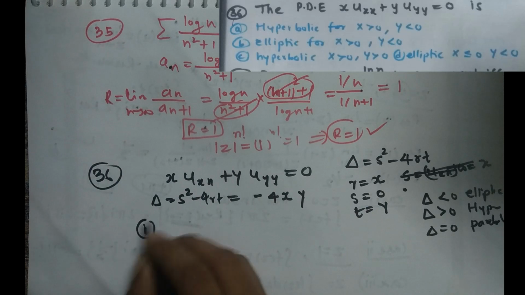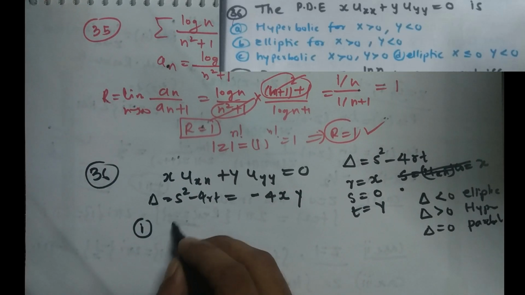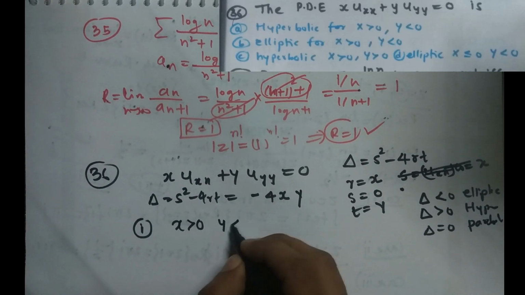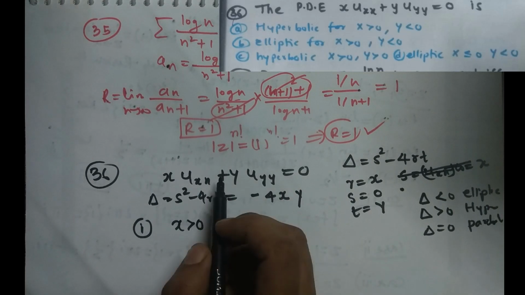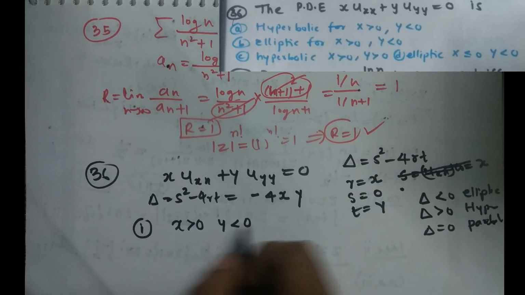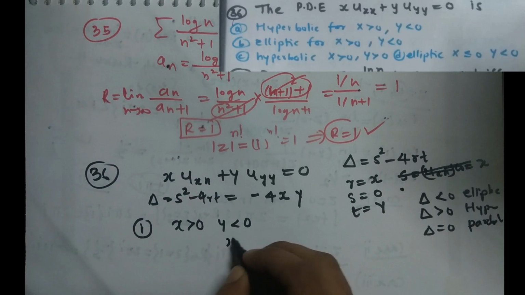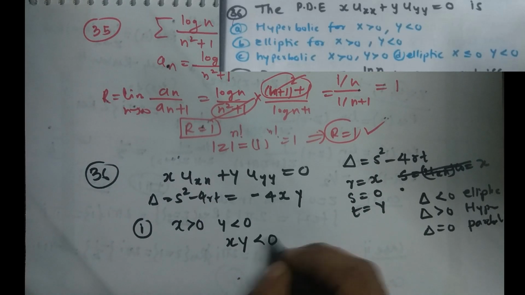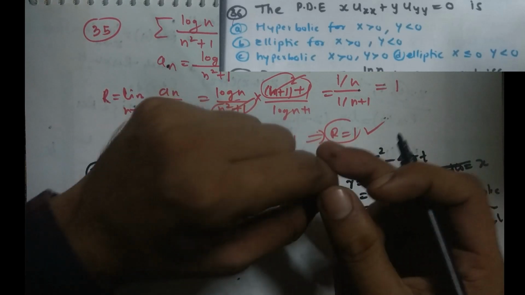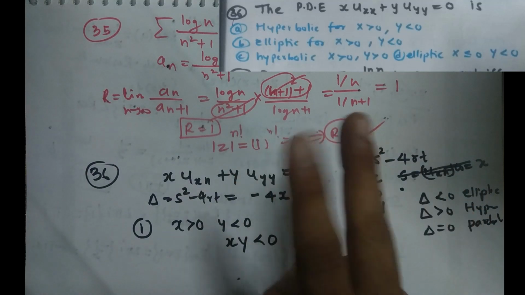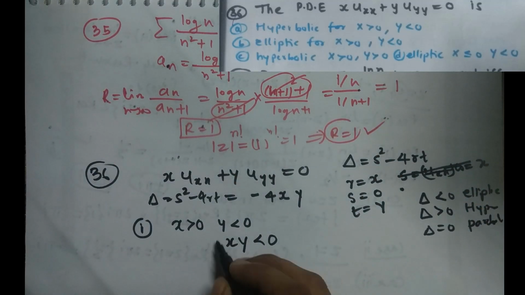In first option they are saying if my x positive and y negative, then our PDE is hyperbolic. Let's check whether it is hyperbolic or not. If my x is positive and y is negative, then their product is negative. If one number is positive and another number is negative, then their product will be negative. If I multiply 4 on both sides, still inequality won't change.